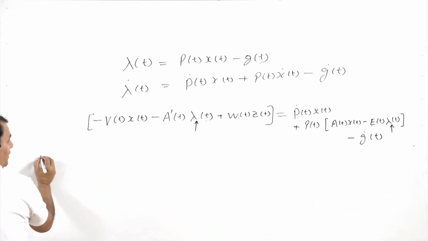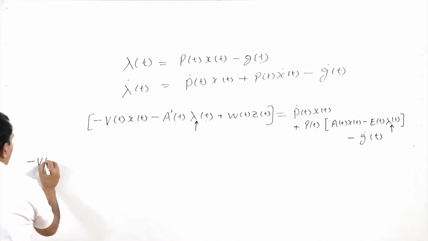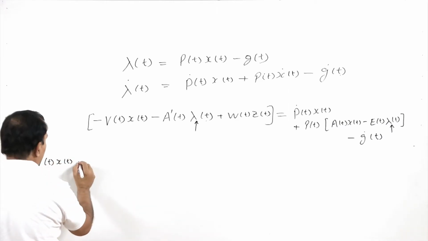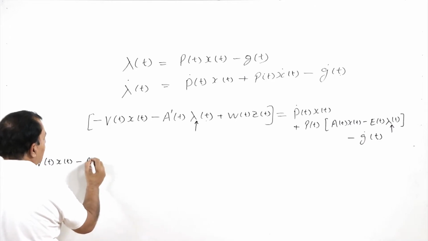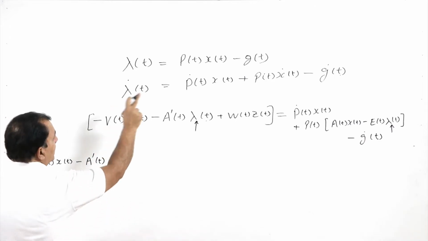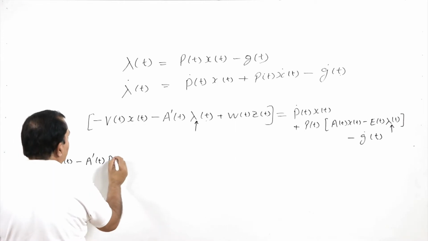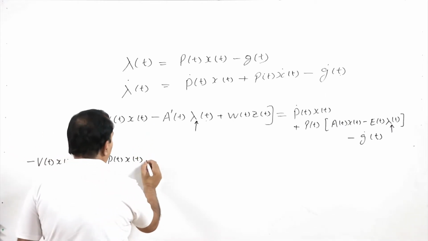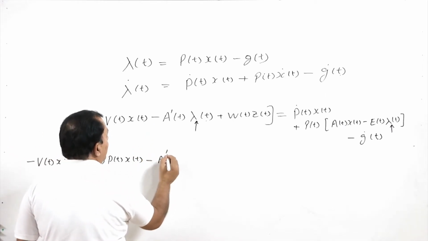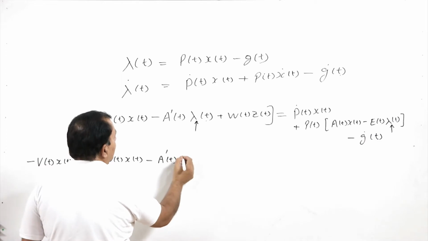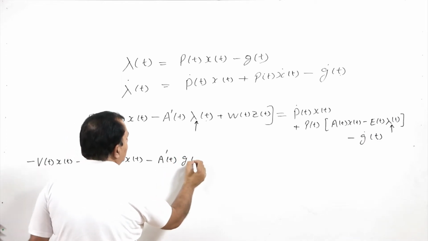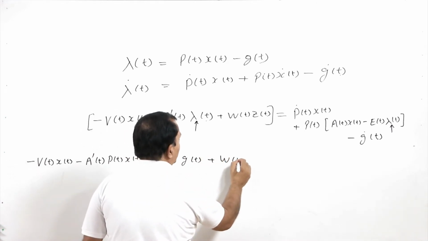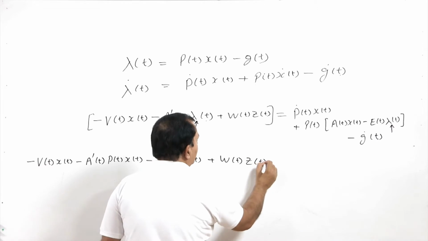So, my complete equation here will be minus v t x t minus a prime t p t x t minus a prime t g t plus w t z t.